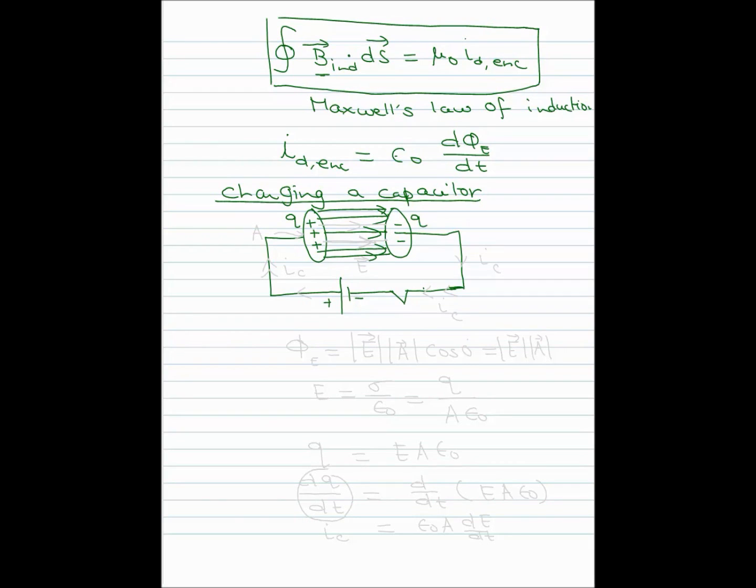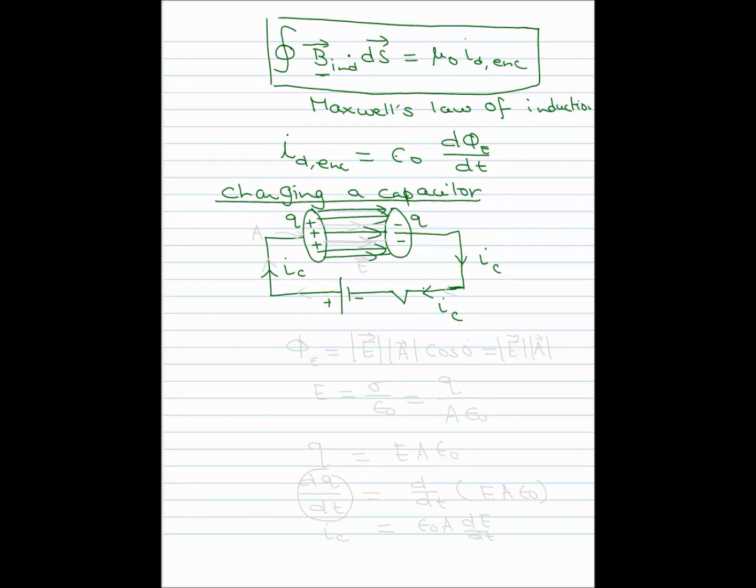And so there is a current that is flowing in this wire here, and the current is obviously flowing from positive to negative, so we can say that there is a conduction current, I_C, that is flowing in the wire. And let's try to relate how this I_C relates to the displacement current I_D.